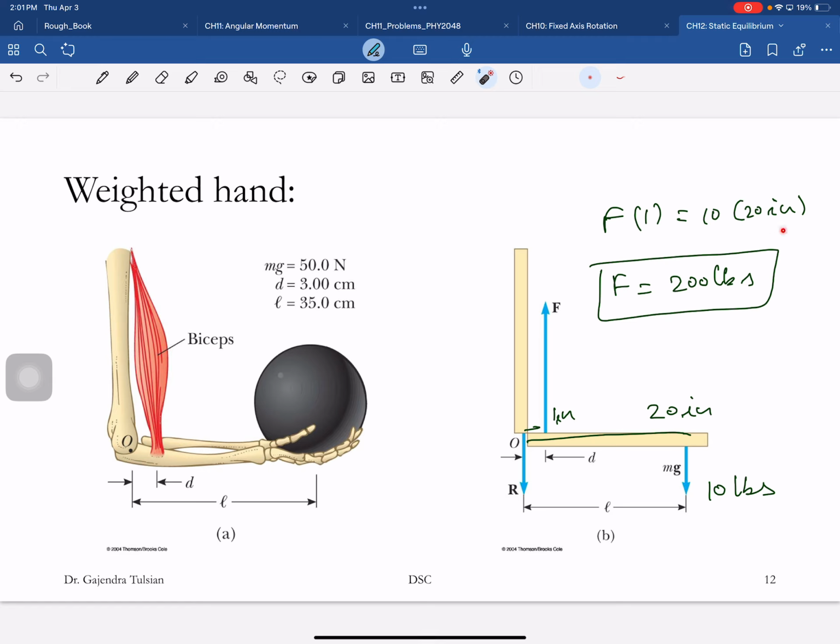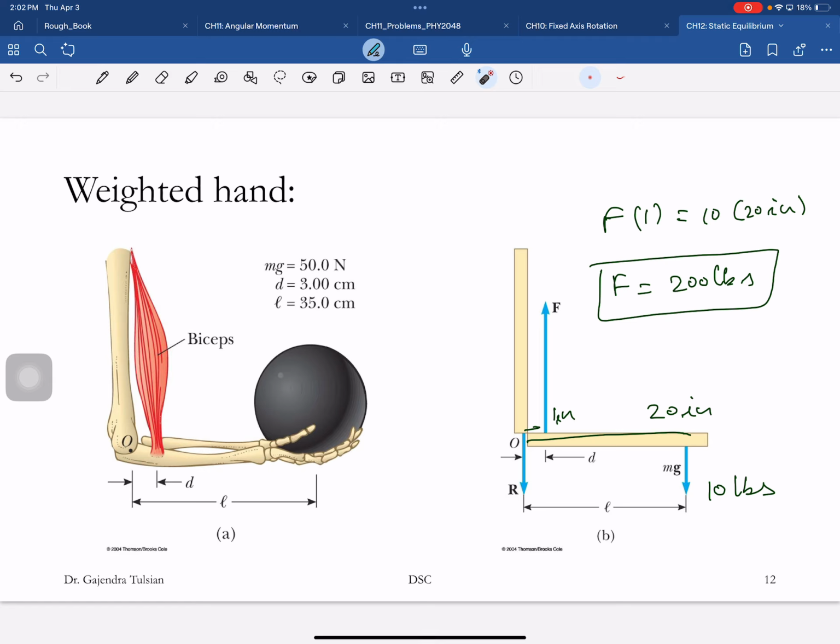So clockwise torque was equal to counterclockwise torque. So you do the calculation, this force is 20 times greater. You're lifting a 10-pound weight, and your muscles are applying 200 pounds of force. Sounds like a very bad design to me.